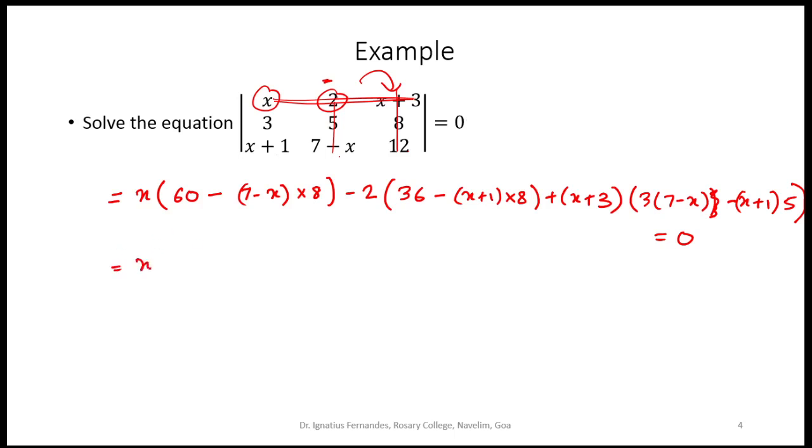So what I have is x into 60 minus 7 into 8, which is 56, minus x into 8, which is minus 8x. Minus 2 into 36 minus 8x, x into 8 is 8x, and minus 1 into 8 is minus 8.